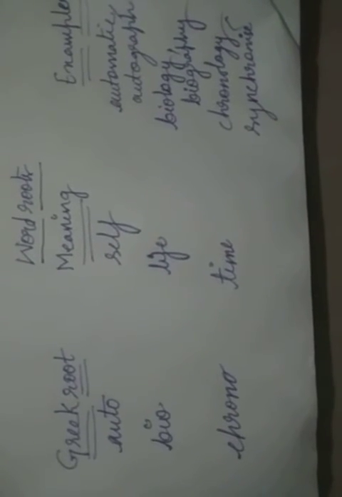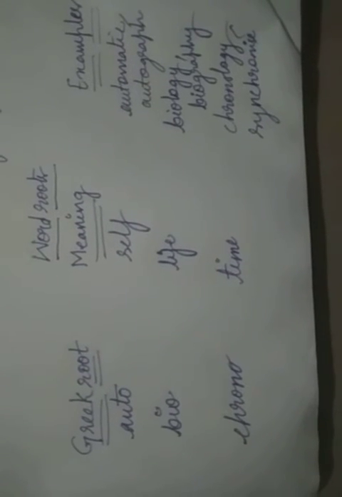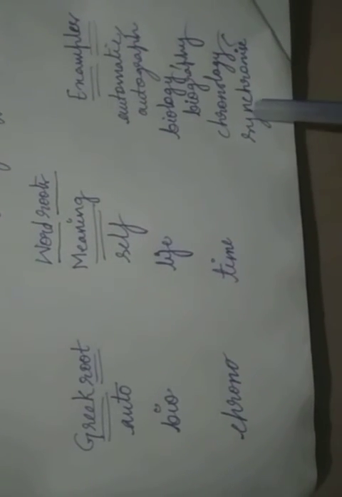So there are added suffixes and prefixes over there. In chronology, the suffix is added. In synchronize, chron is the root word, so the prefix is syn. Look here. This chron is the root word, and syn is the prefix added here.